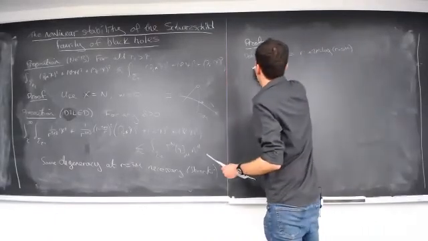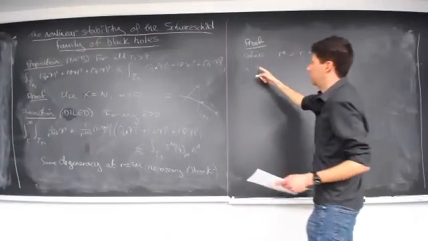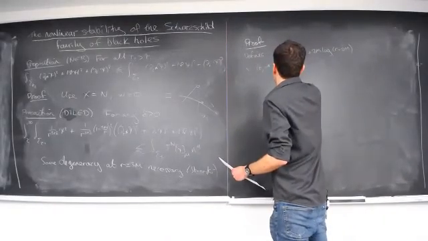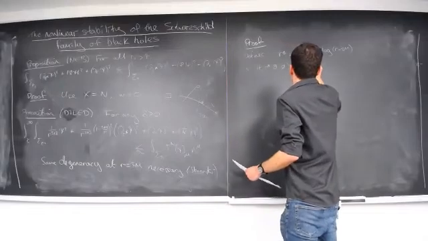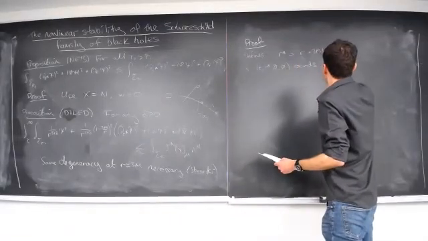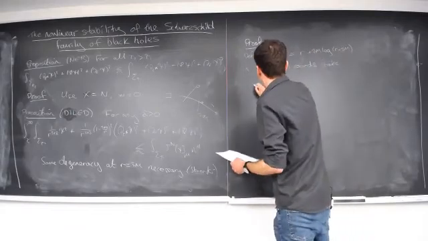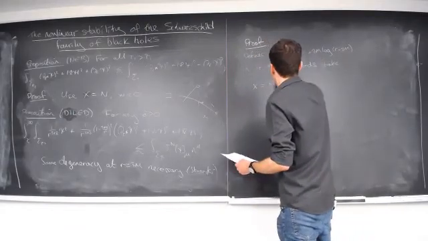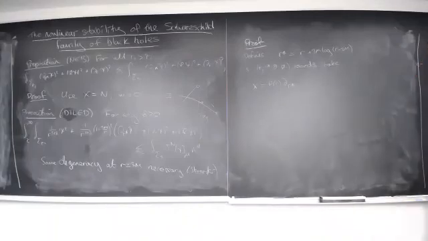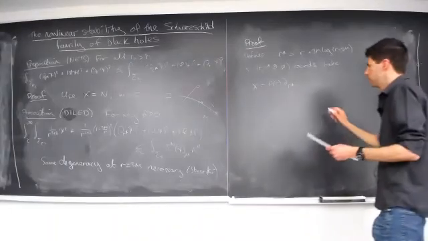And then in the t, r star coordinates, one takes X to be equal to f of r times d by dr star.